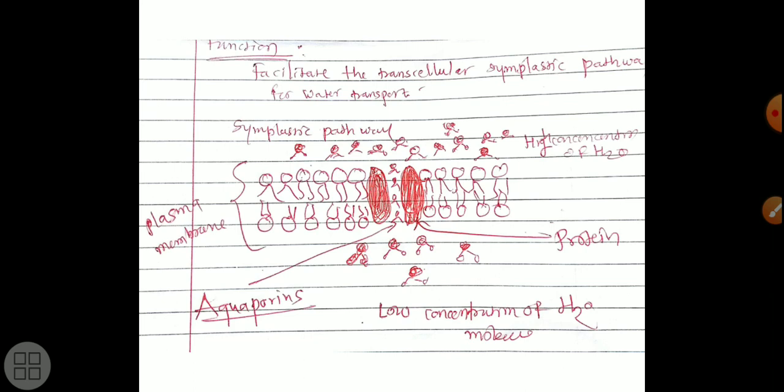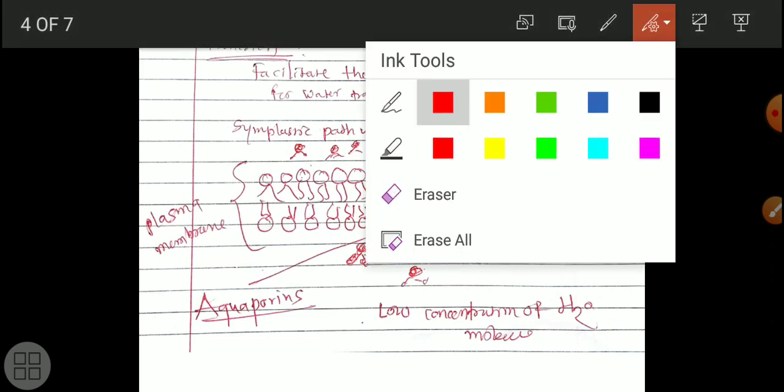The aquaporins are proteins present in the bilipid layer, and these proteins perform the function of an aquaporin, because the aquaporin is itself made up of proteins. This is the structure I have sketched here, my friends.